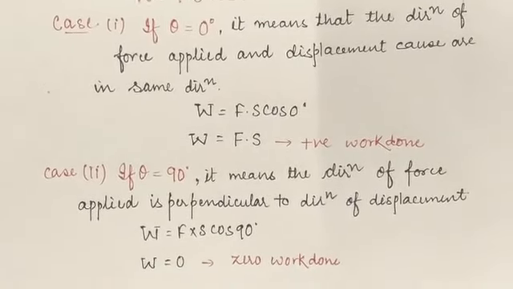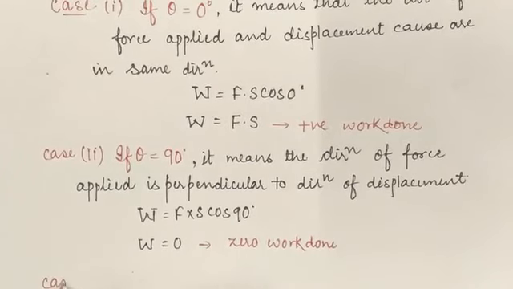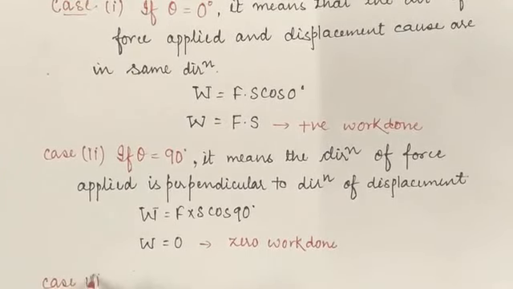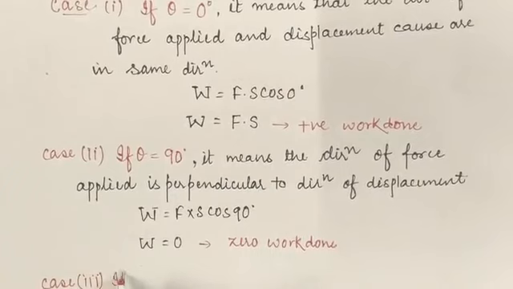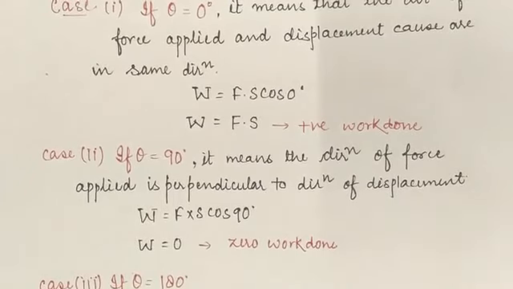Okay children, and now the last condition is case 3, which is the condition of negative work done. Children, if theta becomes 180 degree, as we are knowing that cos 180 degree is equals to minus 1, so what does it mean?